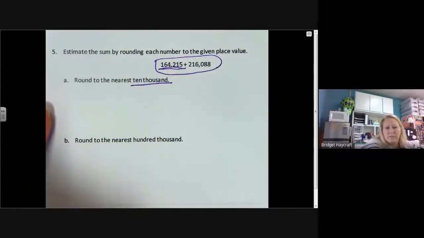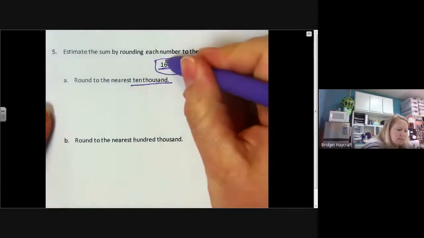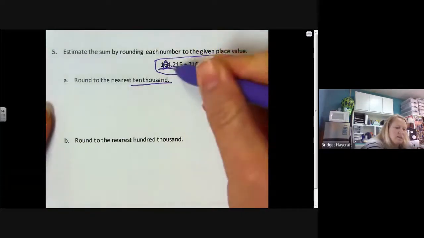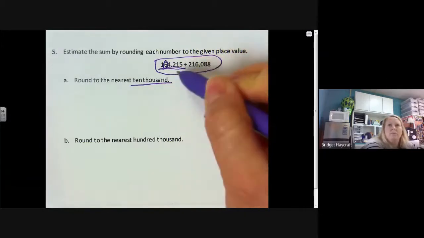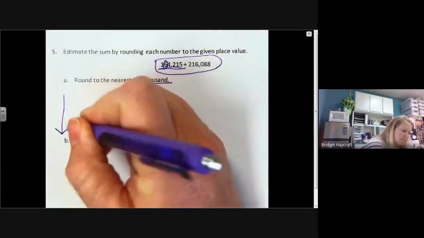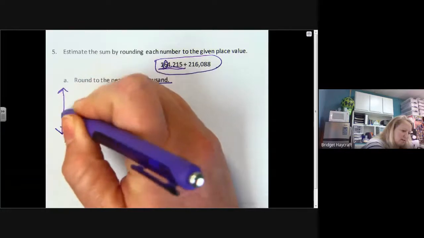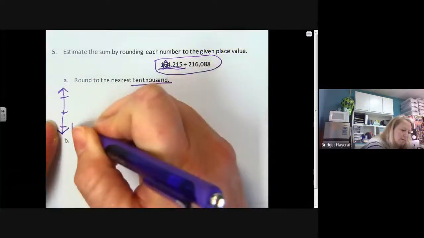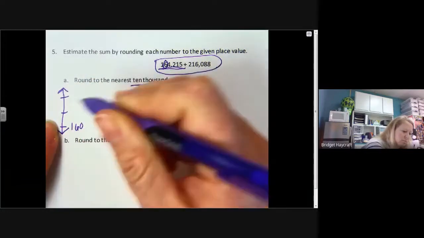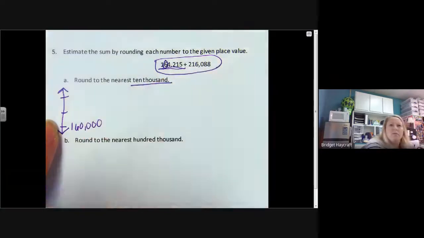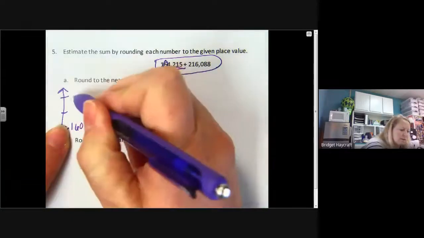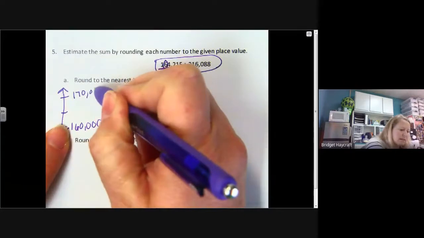Yes, Alyssa, you're correct. The 6 is in the 10,000s place. So if I drew my vertical number line, I would have this number for my 10,000s. Because remember, I have to include anything before that because that's 16 10,000s. One more 10,000 would be 17 10,000s.